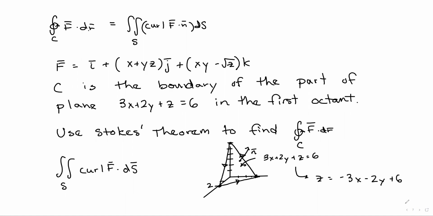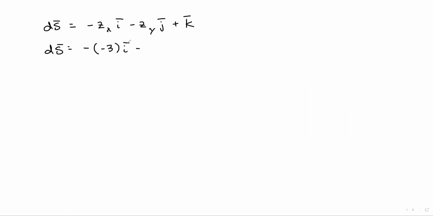That would be negative 2, j, and then plus k. So when we calculate this out, we're going to get 3i plus 2j plus k. Okay, so that's our dS.